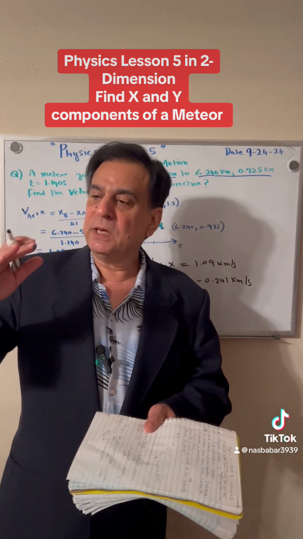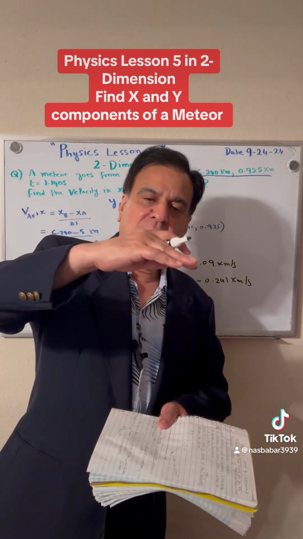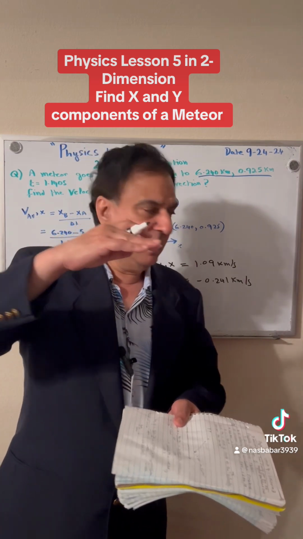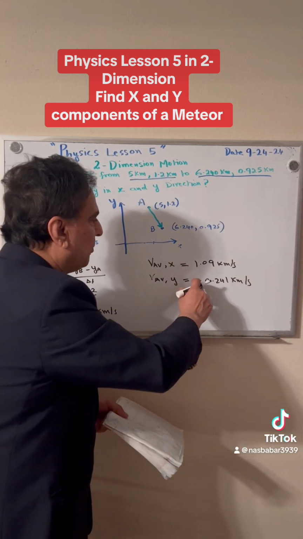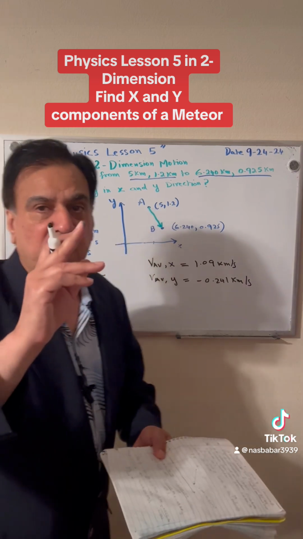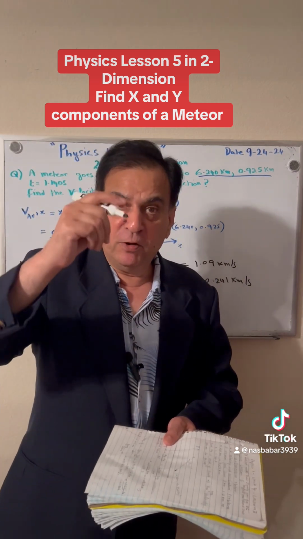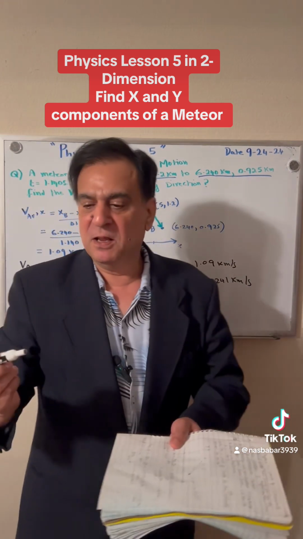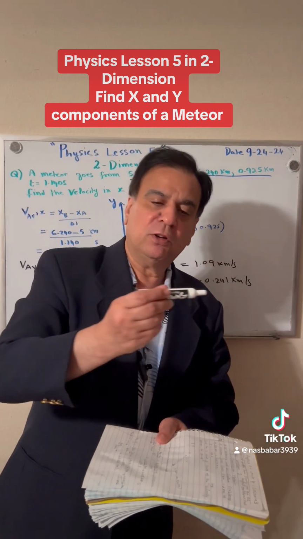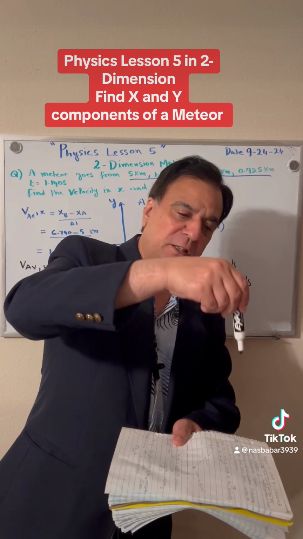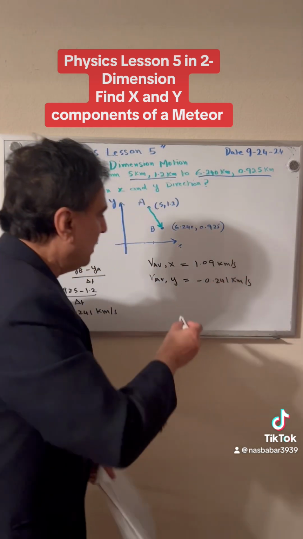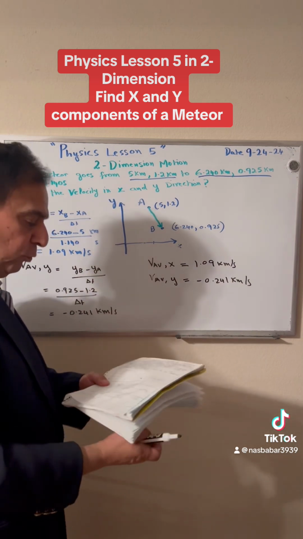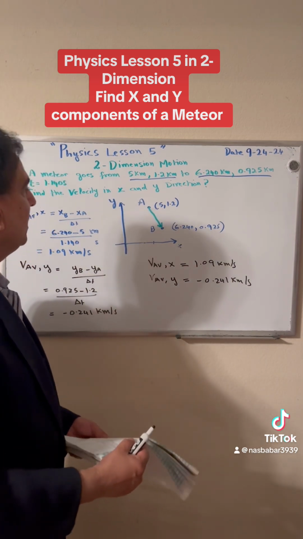The meteor is going like this, and then there is a horizontal push, and then we have minus 0.241 kilometers per second vertically going down. That's why we have this negative sign, because this push is horizontal and then it's pushing downward also. That's why you have v average y negative 0.241 kilometers per second.